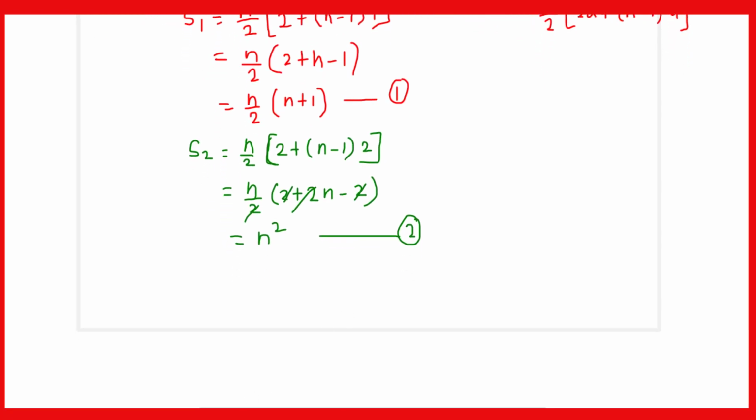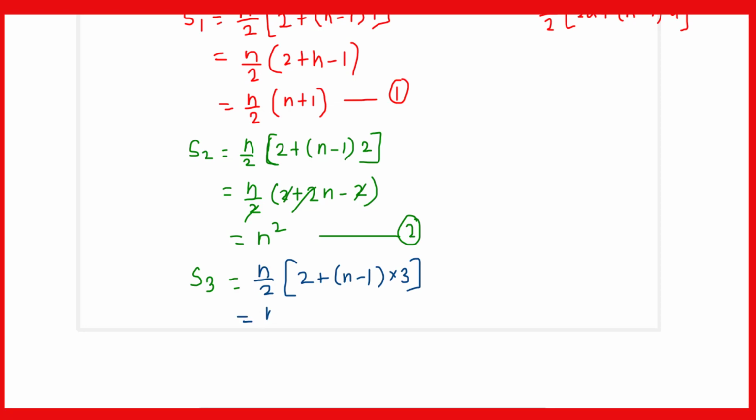Now we will find S3. So S3 is equal to n by 2 into bracket 2a, a is 1, so it will be 2 plus n minus 1 close the bracket into d, d is 3 close the bracket.